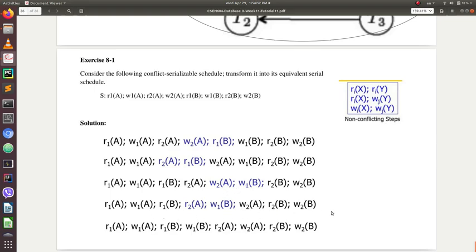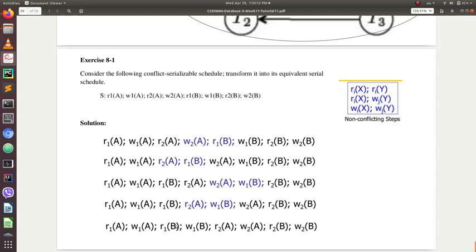Scan again for non-conflicting steps. We found that transaction 1 writes element B. Transaction 2 reads element A. So these are non-conflicting steps and we can swap them.